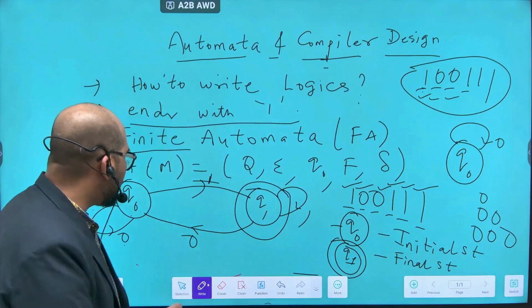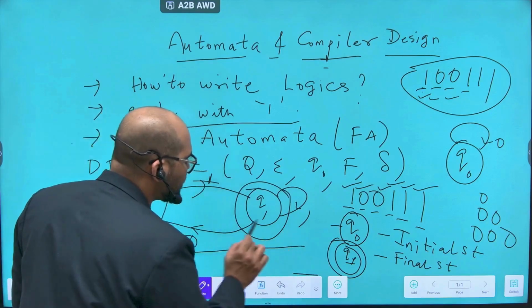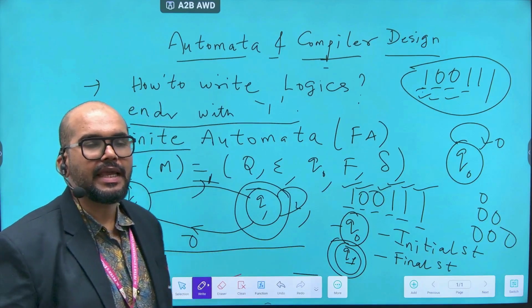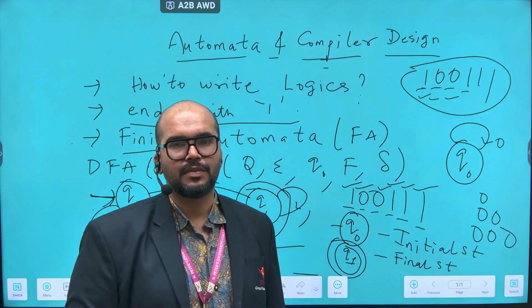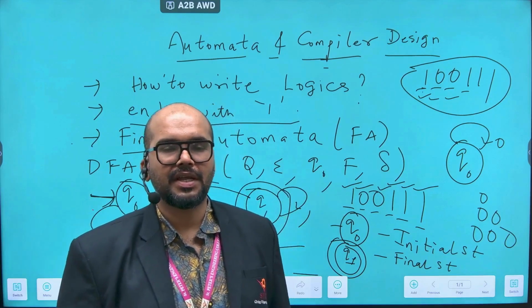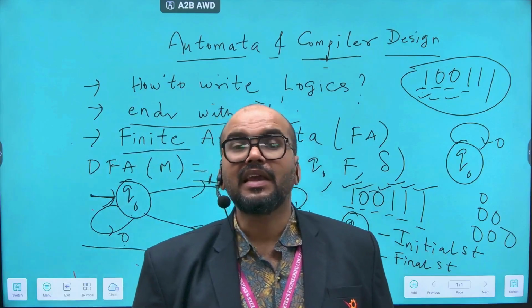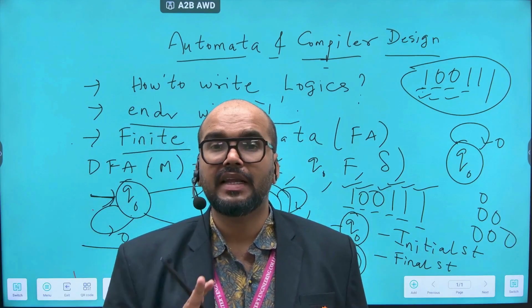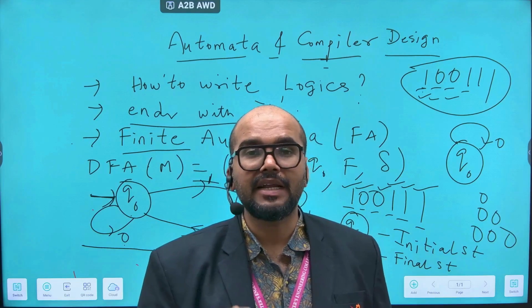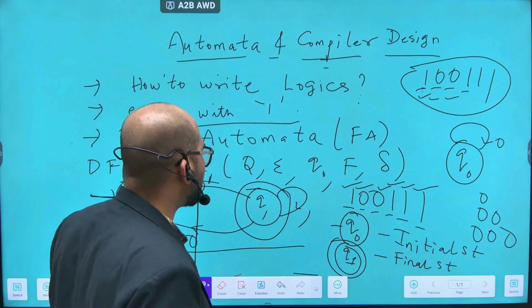This particular finite automata accepts any input string that ends with 1. You can have an input string with an infinite number of input symbols; if it ends with 1, it will definitely be accepted by this machine.